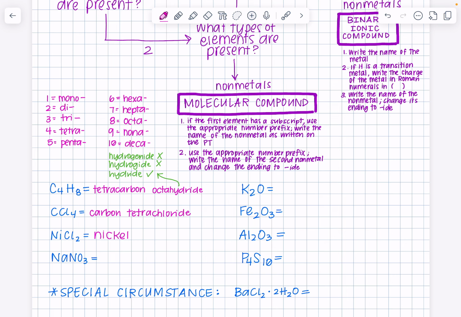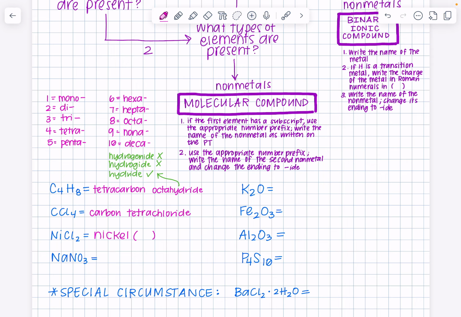Nickel. If it is a transition metal, your transition metals are going to be in the middle, and generally speaking, these have options for what their charge could be. So if it's a transition metal, we're going to write its charge in parentheses in Roman numerals. I'm going to come back to that, but I'm just leaving the space for it right now.